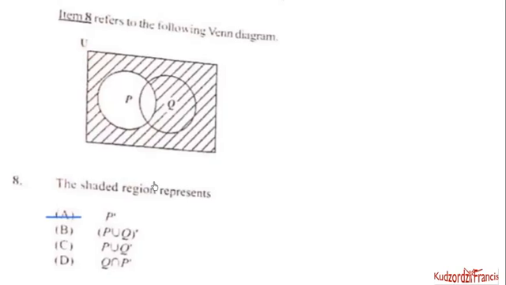Now let's look at the 9th item. Items 9 to 10 refer to the following Venn diagram, which shows the universal set U and the two sets T and C that represent the students in a class who play tennis and chess. How many students play both games?